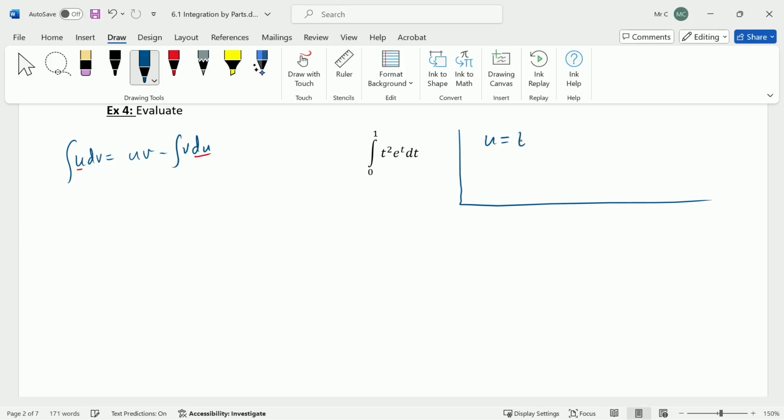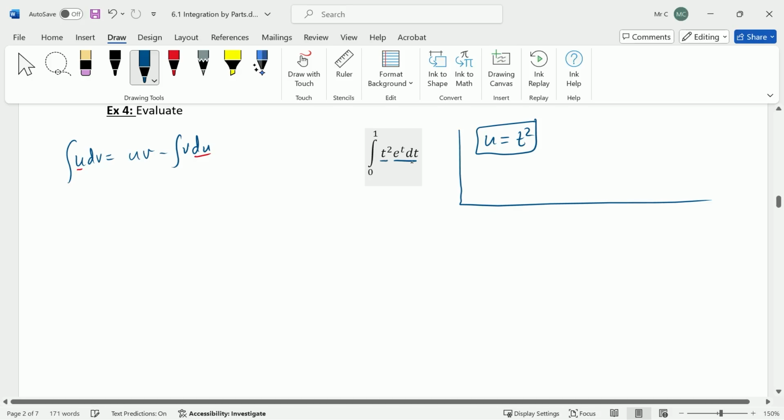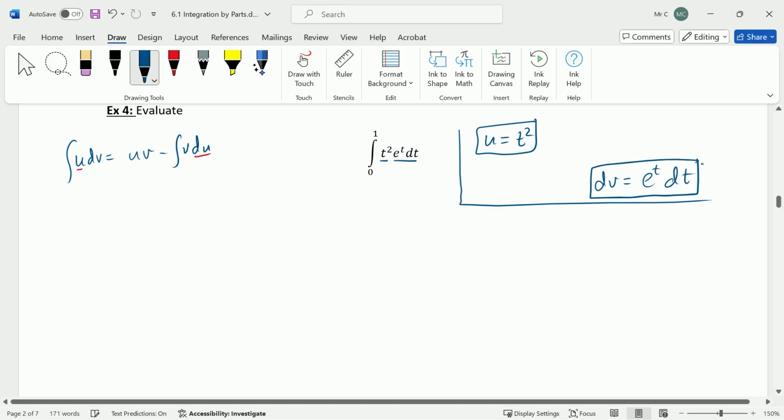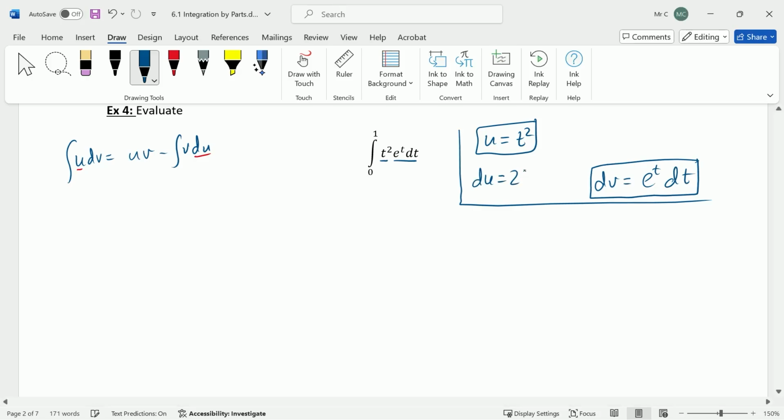So that means u is t squared. And if u is t squared, then e to the t dt has to be my dv. And so du is 2t dt.